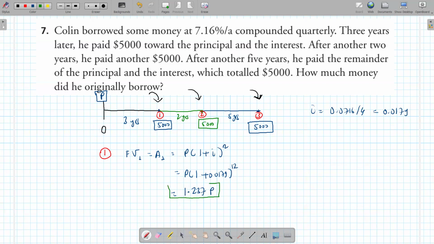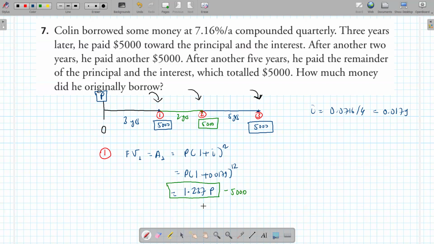So at time 1, this is what he owes. But then at time 1, he paid off 5,000 from this amount. He didn't pay off the whole thing. He only paid 5,000. So the amount that he owes now at time 1, you subtract 5,000 from this.